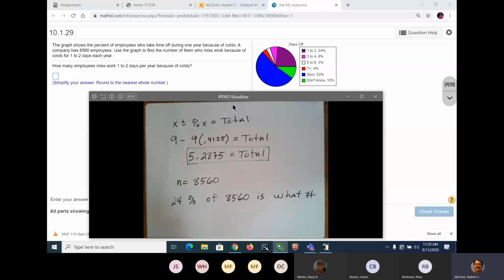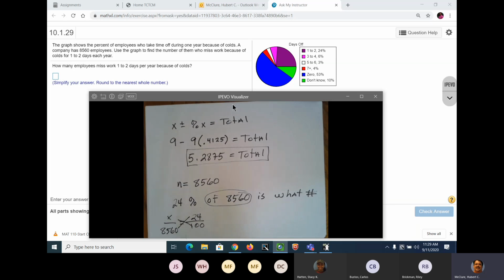Sentence problem. So 24 over 100 equals is over of, and cross multiply. So 100x is equal to, let me make it a little bit bigger.